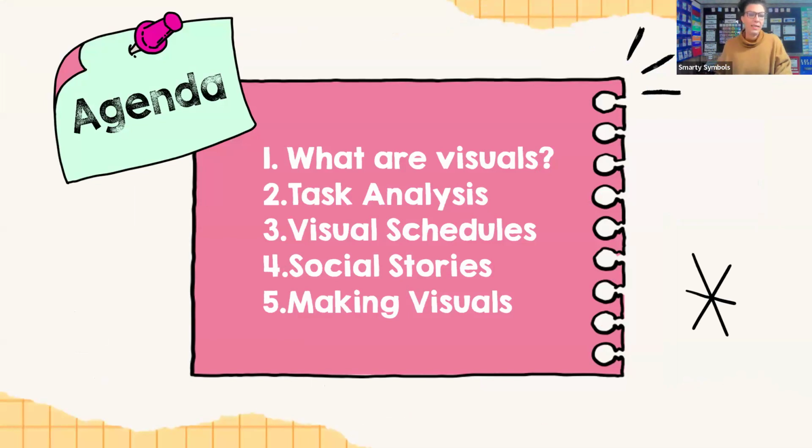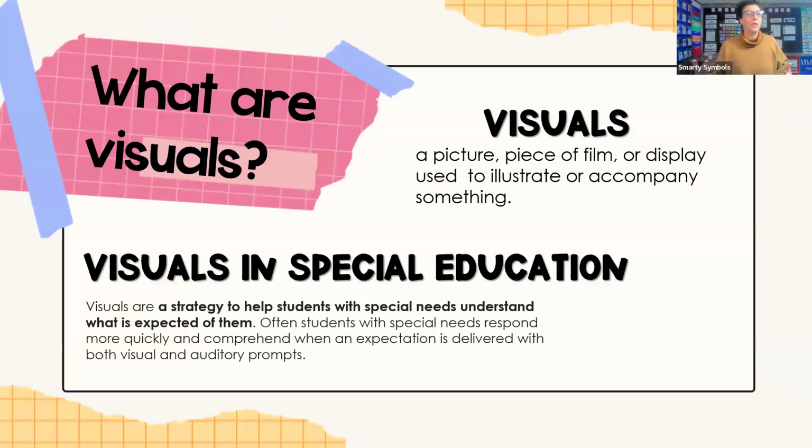Okay, so let's dive in. What are visuals? If you work in a special education environment or work with individuals with disabilities, this is a pretty common thing. Visuals are pictures, movies, illustrations, something in our world that helps us to understand something, but it's visually based.